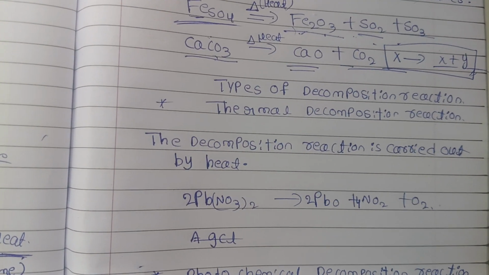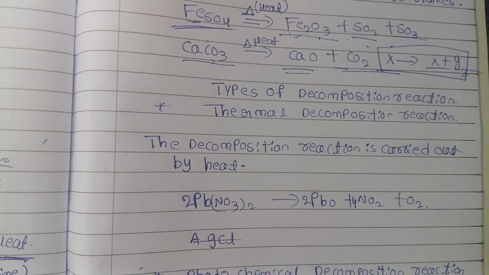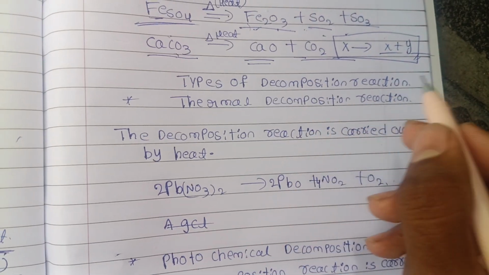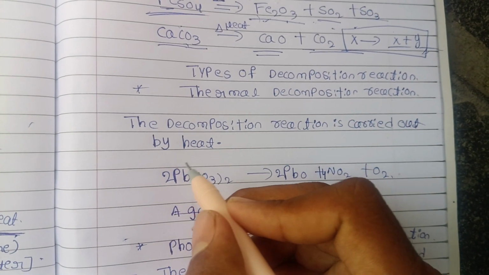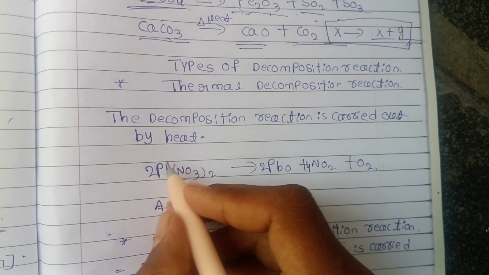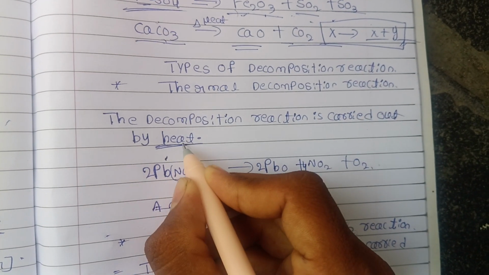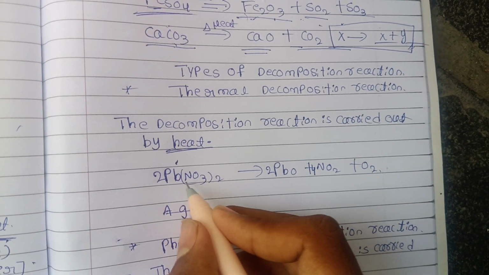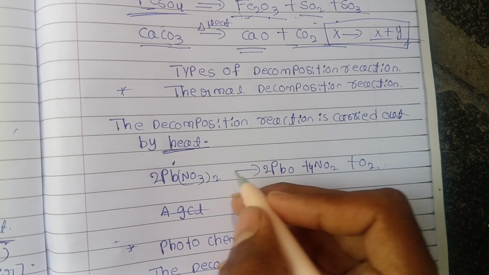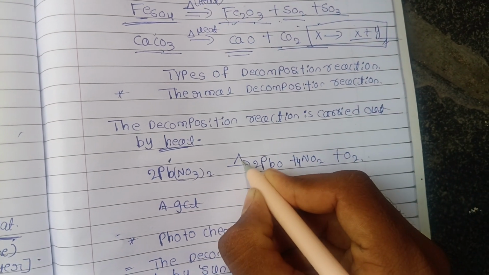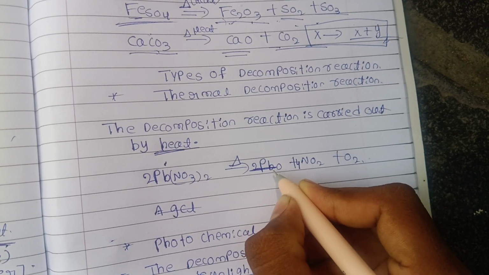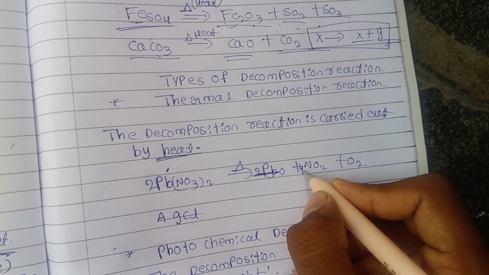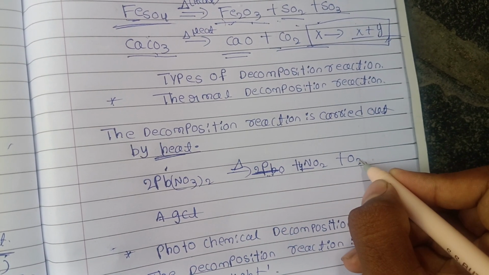What types of decomposition reactions exist? The first one is thermal decomposition reaction. What is the meaning of thermal decomposition reaction? The decomposition reaction is carried out by heat. For example, Pb(NO3)2, lead nitrate, when heated forms lead oxide, nitrogen dioxide, and oxygen.